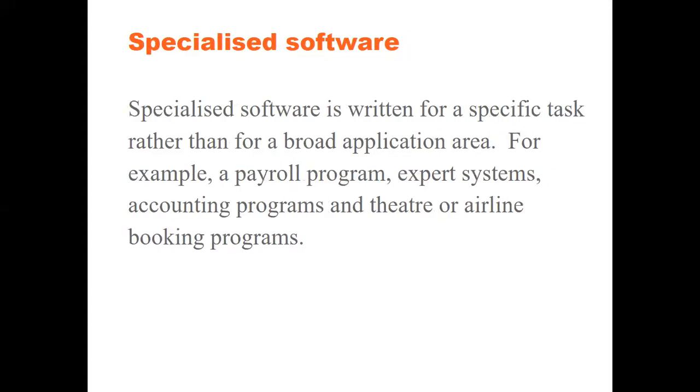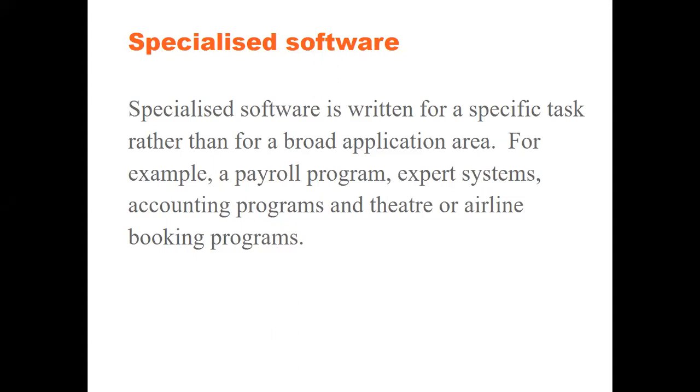Then we look at the second category, which is specialized software. When you look at specialized software, it's written for a specific task rather than many application areas. For example, people in HR, human resource, I know some of your parents could be human resource managers.